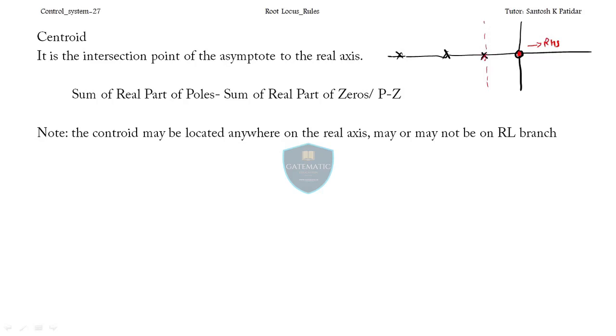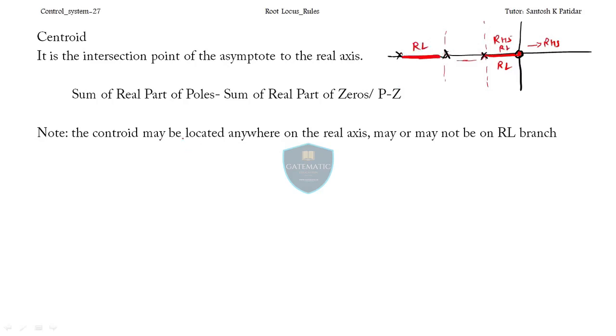Over here, when I look to the right-hand side, I get one point, so definitely I have one RL branch in between them. Then I come to this point, I'm getting two points, so I do not have any RL branch over here. When I come to this, I have one RL branch.